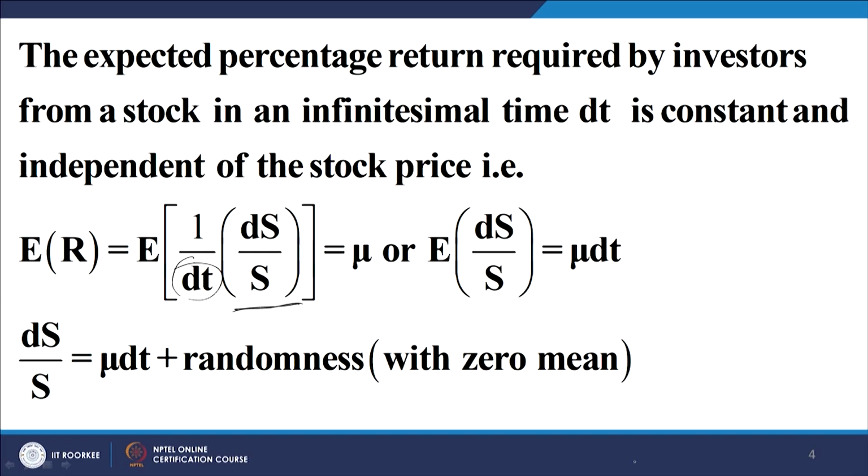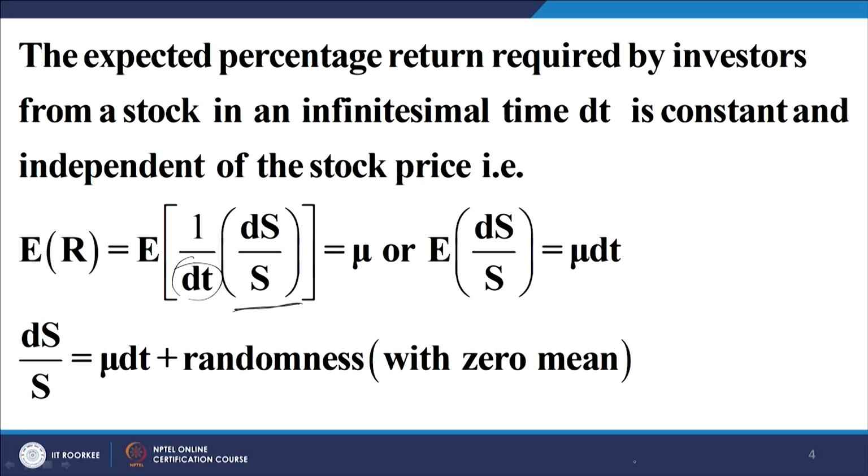I will come back to it. ds upon s is the percentage change in price. ds upon s divided by dt is the return over period dt. E gives us the expected return. So, the expected value of 1 by dt into ds by s is constant, which is written as mu.